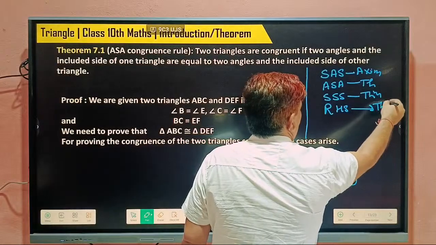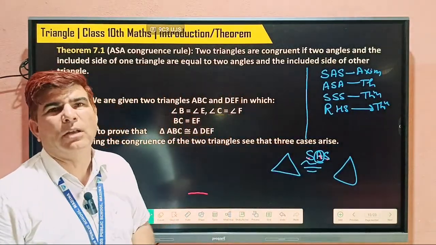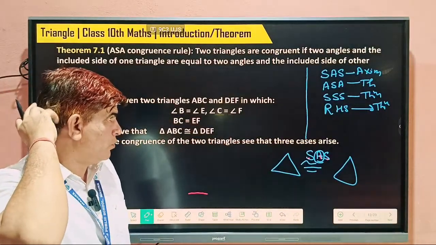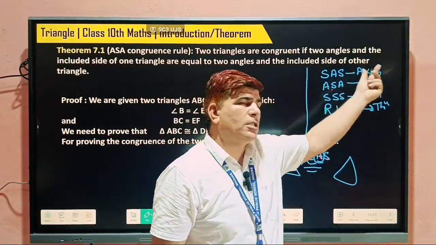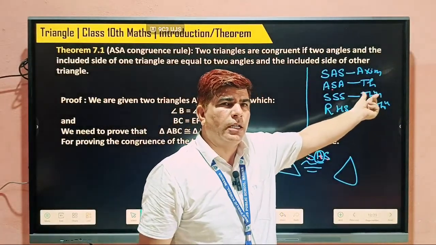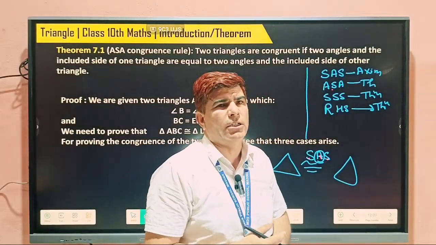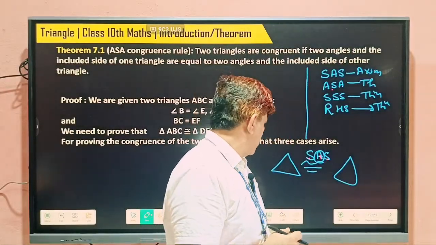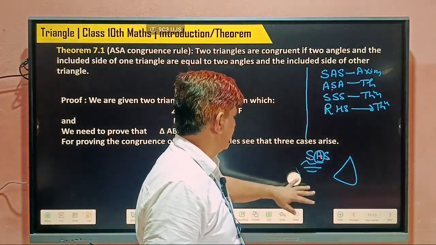This is also a theorem. So these are, we can say, weapons in our hand by which we can prove these 3 elements are equal to these 3 elements of another triangle. Then we can directly say all 6 elements of one triangle are equal to all 6 elements of another triangle. So we can start like this.